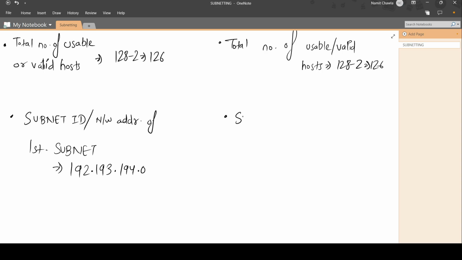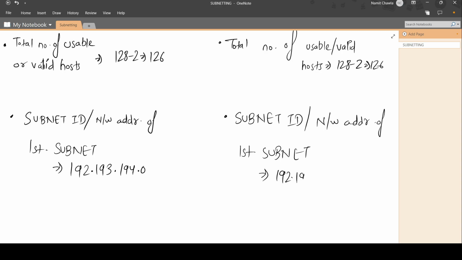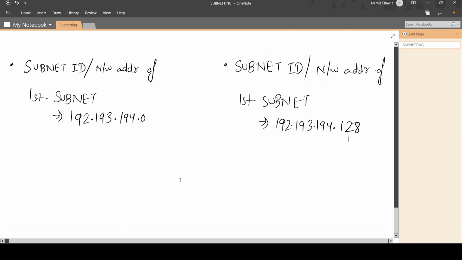Over here also subnet ID or network address of the second subnet. So this one will be 192.193.194.128, since it starts from 128.